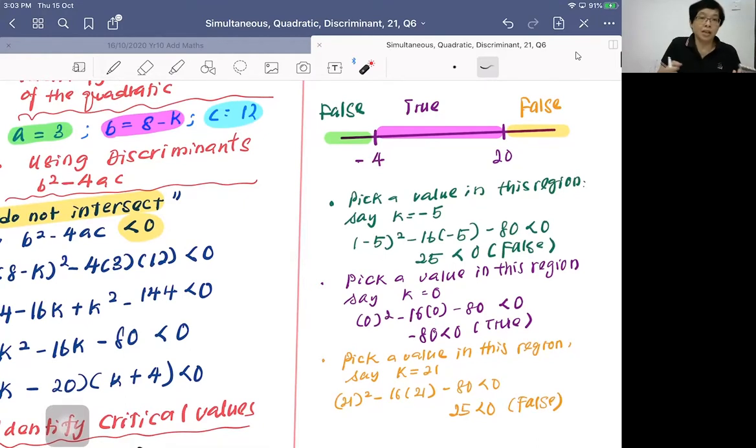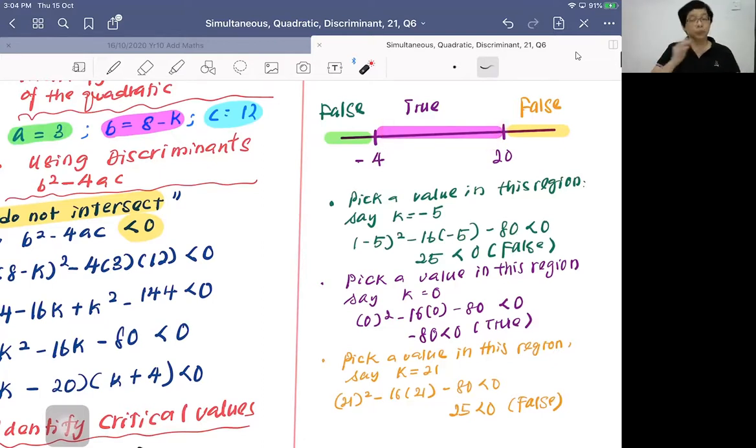For me, conveniently, I know that it crosses 0. 0 is the best friend to us, right? So I'm going to take 0, fit it into the equation, and then you get -80, which is less than 0. Come on, you got that. You know that's a true statement. Yes, so this region is true.